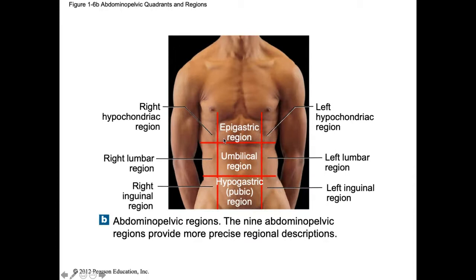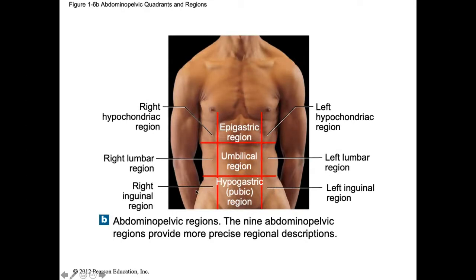Besides the quadrants, we also have 9 regions. When we look at the 9 regions, we could start at the belly button. That's the umbilical region. Epigastric, epi means above, hypo means below. So there's an epigastric, above the stomach, hypogastric, below the stomach. The hypogastric is also close to the pubic region, so they sometimes call it the pubic region.